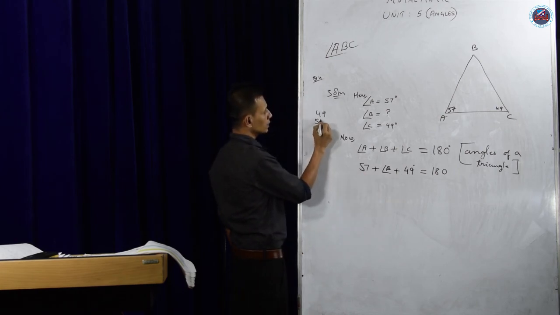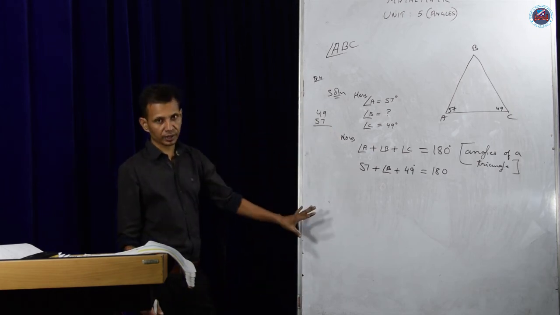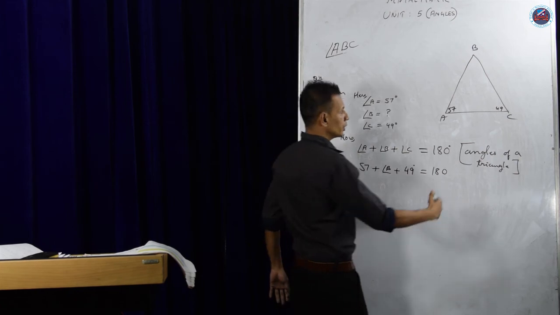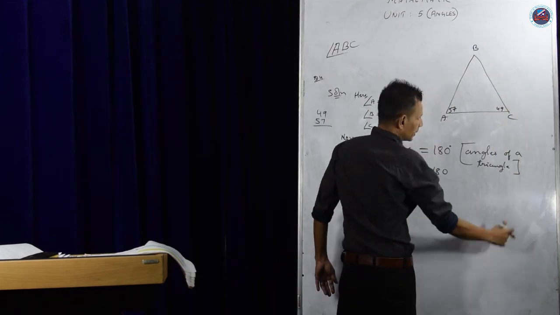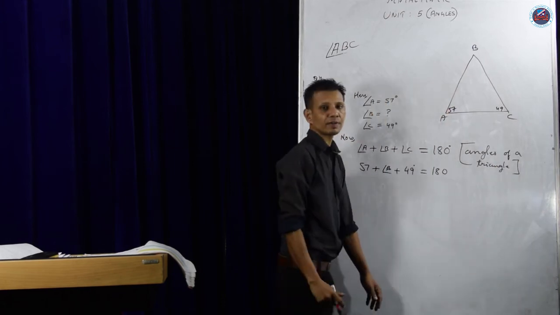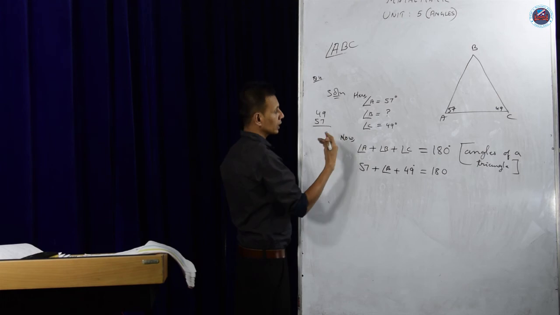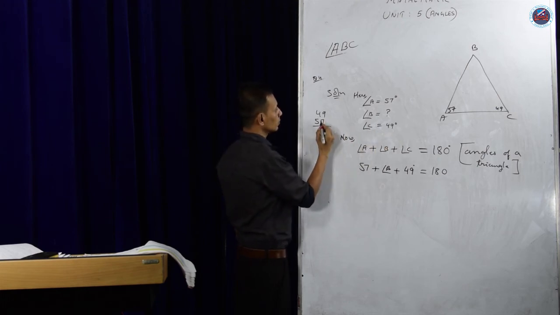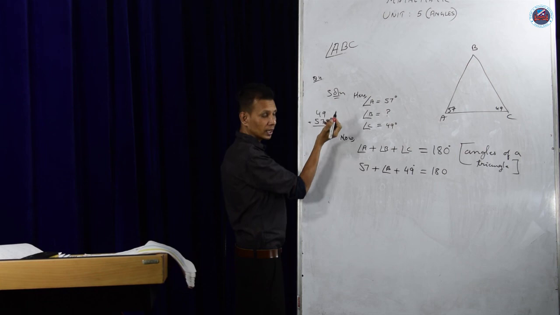49 plus 57. Children, please don't do rough calculation here and there, okay? On your right hand side, make one line and there you do all the rough calculation. Here I don't want to waste time going up, down, up. So this is addition. 9 plus 7, 16. 4 plus 5, 9, 9 plus 1, 10.